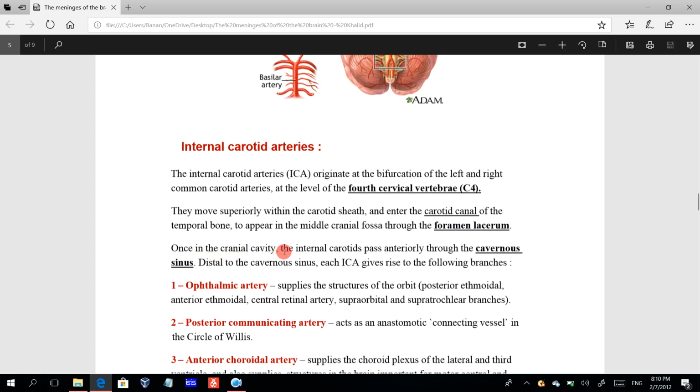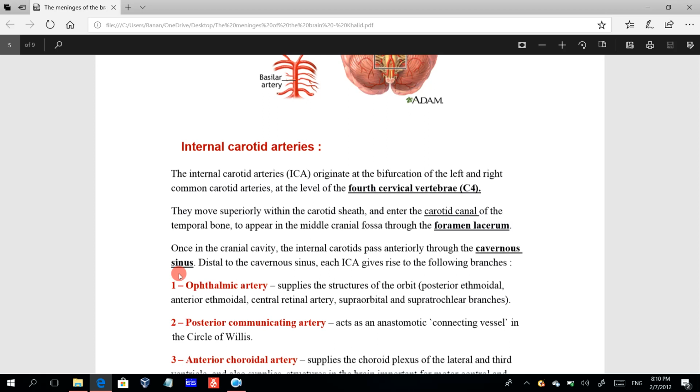Once in the cranial cavity, the internal carotid passes anteriorly through the cavernous sinus. You know, the cavernous sinus is one of the venous sinuses within the cranial cavity, and we have two of them, one on the right and one on the left.